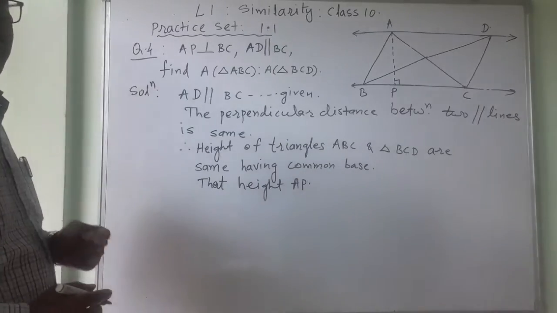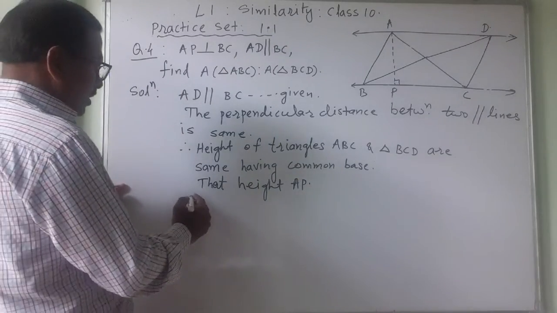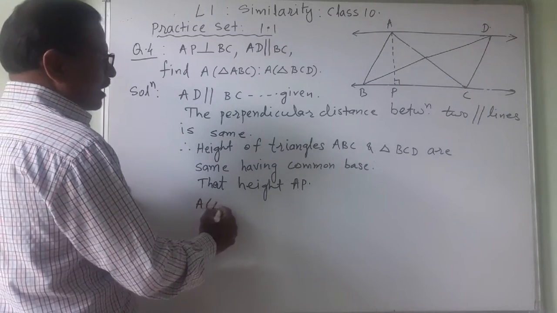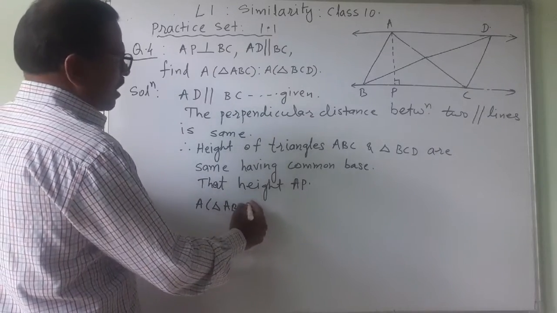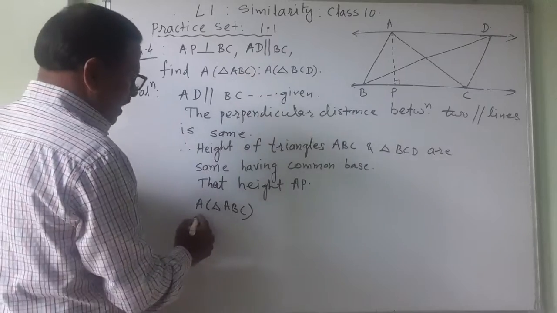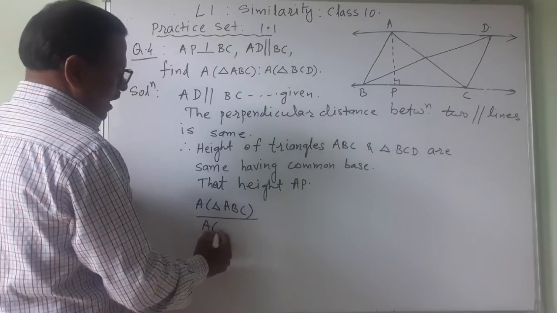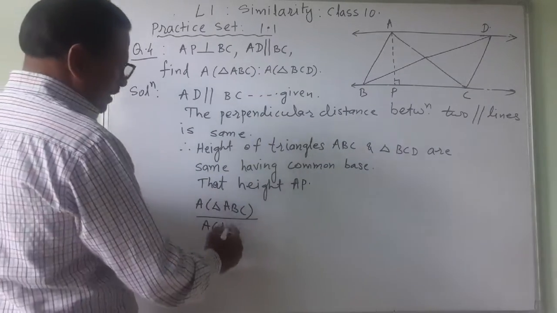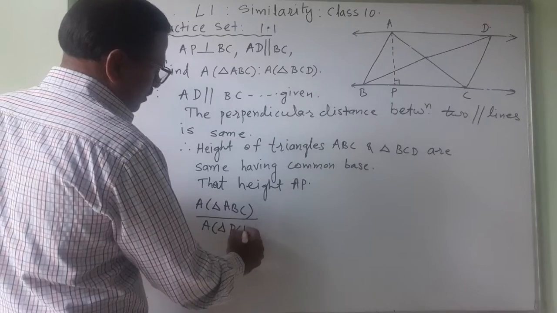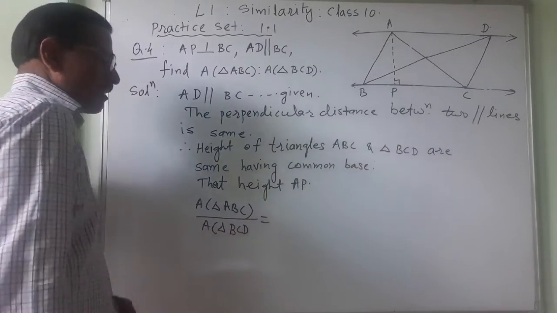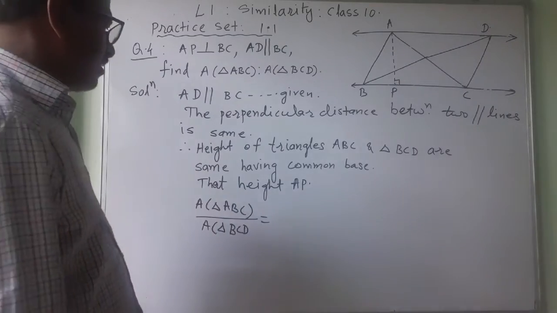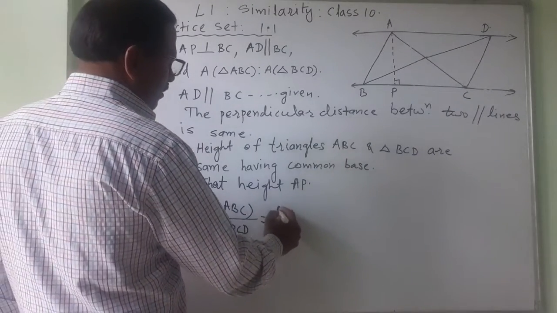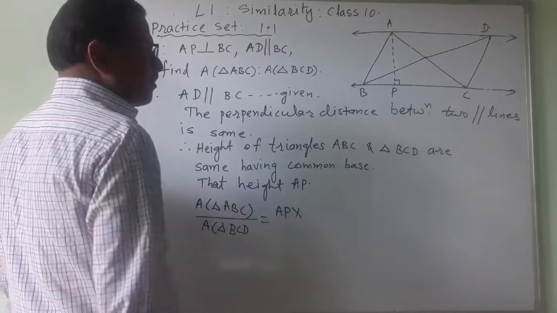Now I have to take the ratio of the areas. Area of triangle ABC upon area of triangle BCD is equal to, what is the height of this? AP, into what is the base?